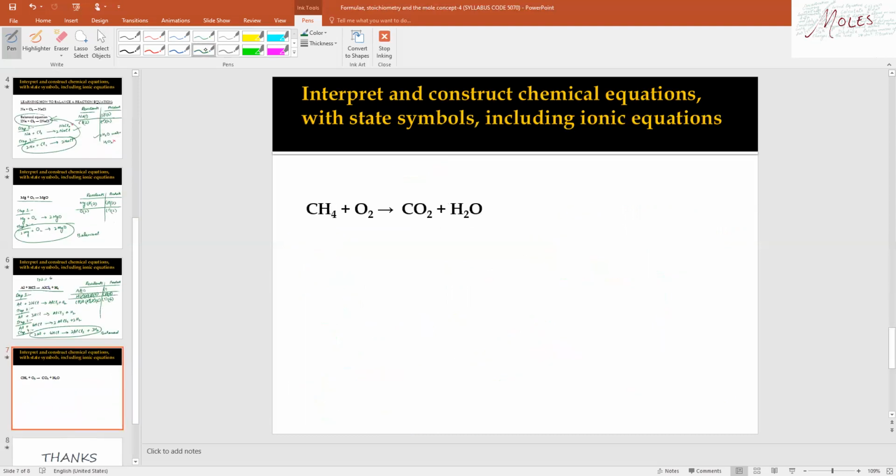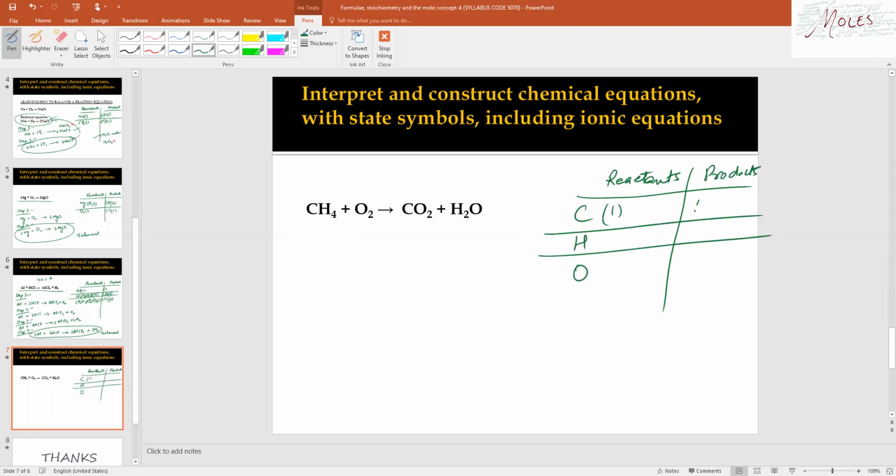Below is the reaction for the complete combustion of methane gas. The products are carbon dioxide and water. First make a column for reactants and products and start counting the atoms. We need to balance hydrogen and oxygen.